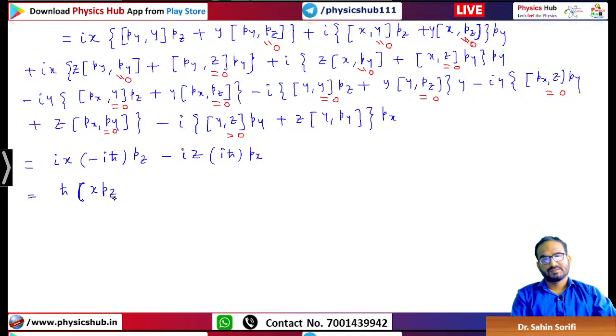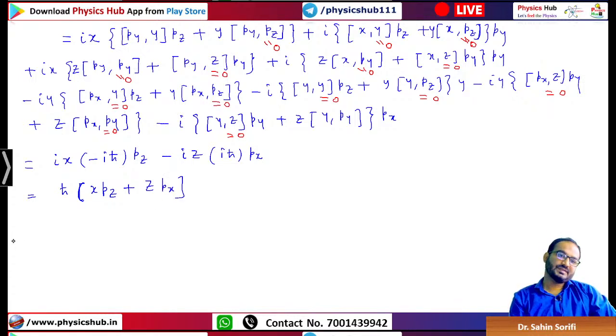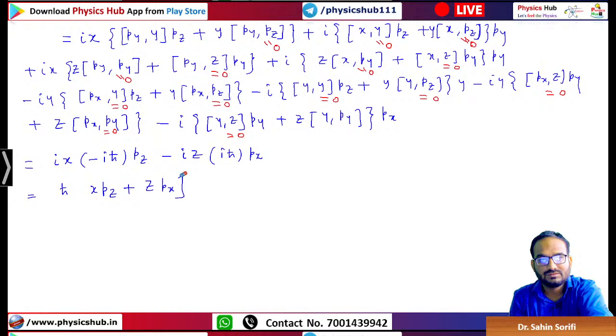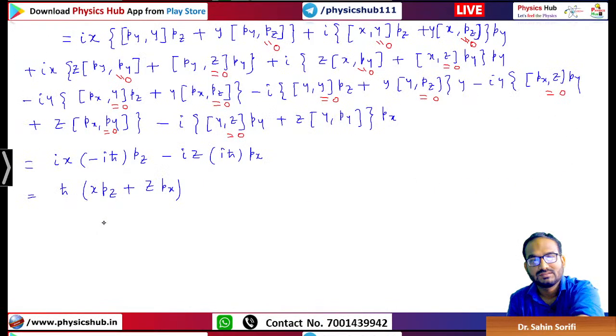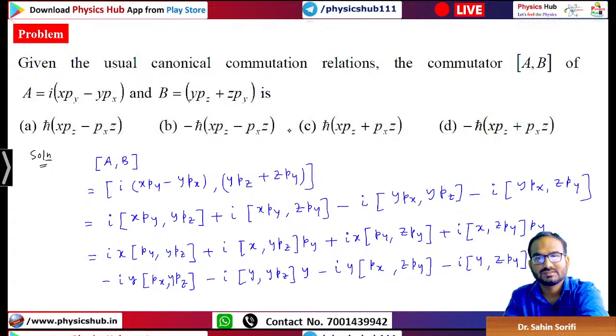Here also i squared is minus 1, minus minus plus, z px. x pz plus z px. Wow. This is a good result of hard work. h cut times (x pz plus z px), option C.